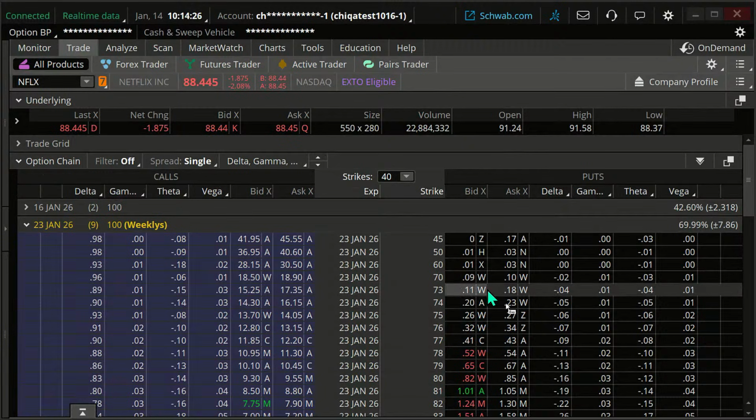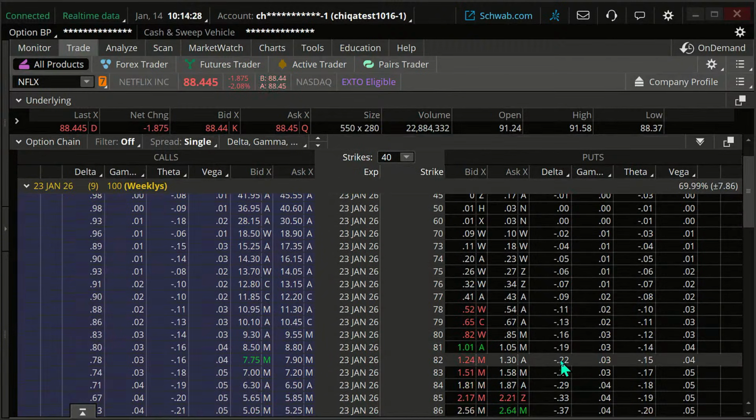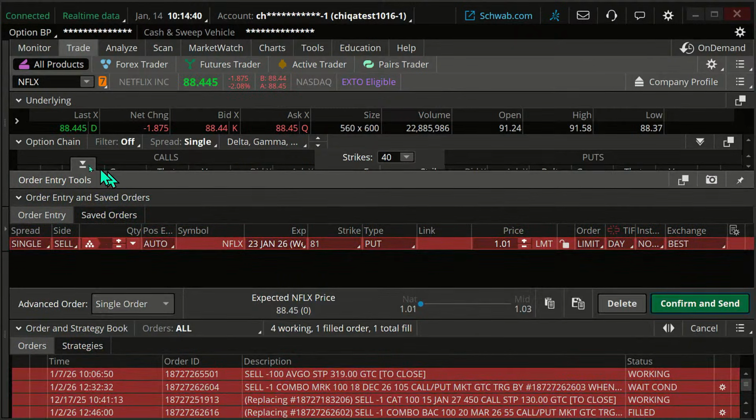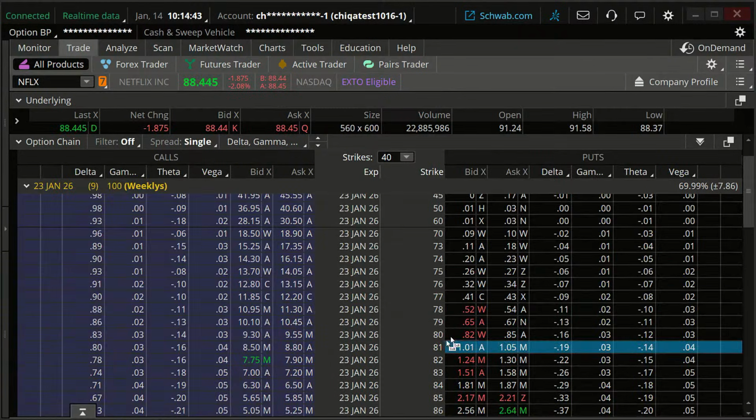So on my puts, I'm going to go down and I'll go to the 81 perhaps, that's closest to the 20. So I'm going to look to sell that. And I'm just going to go $1 out. I could go a couple dollars wide if I wanted to, but I'm going to just go $1 wide.